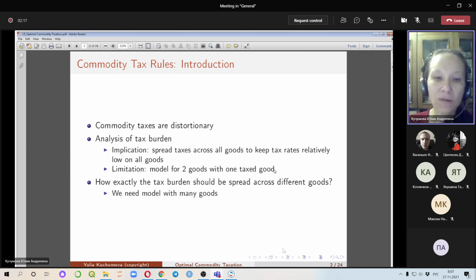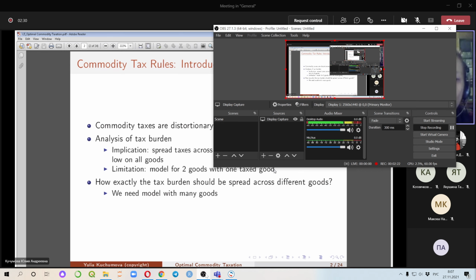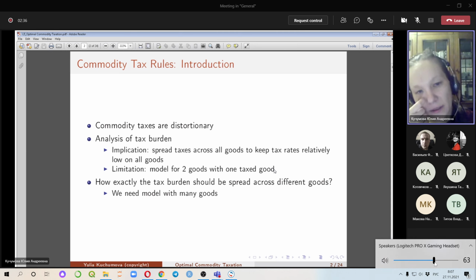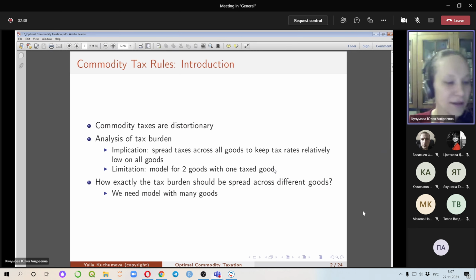However, there is one limitation: we considered the model just for two goods with only one tax good. So making that implication is a little bit too far based on that simple model, right?